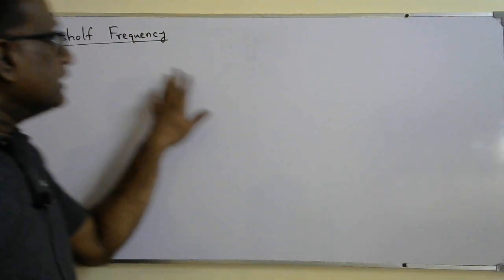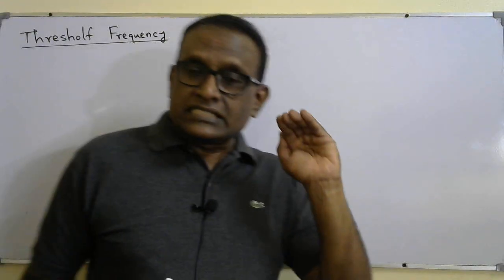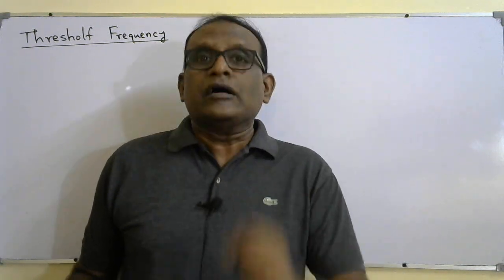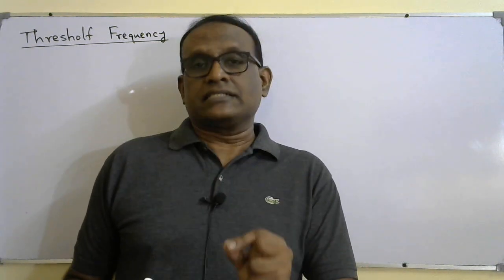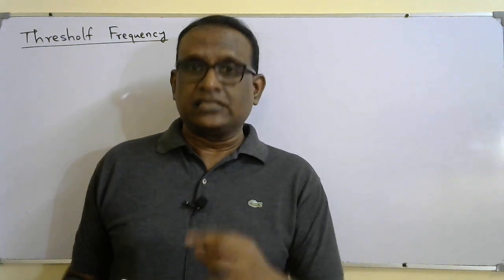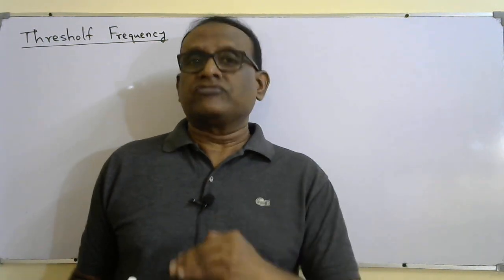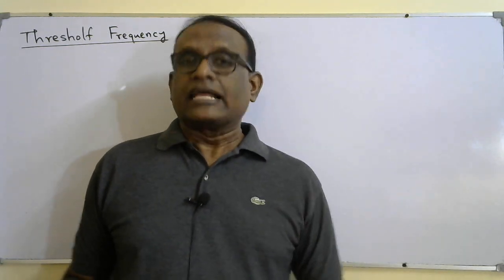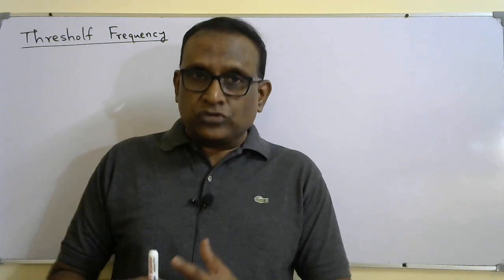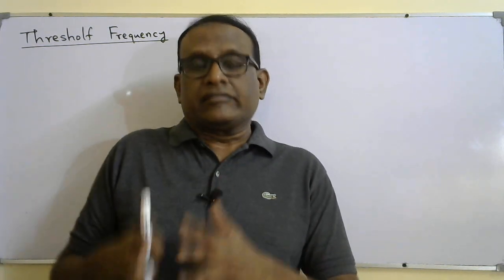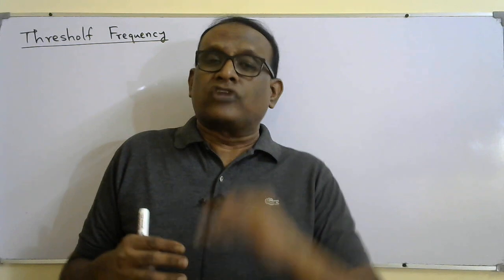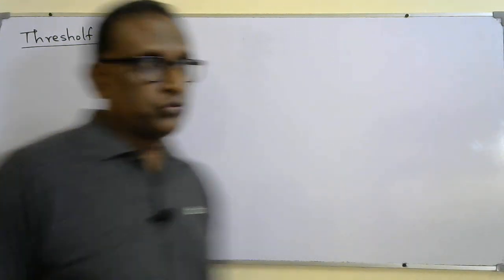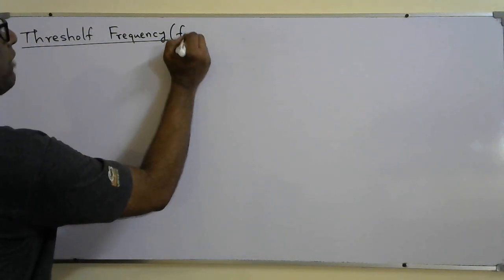So the minimum frequency of electromagnetic radiation required to remove an electron from the surface of a metal is called the threshold frequency of the metal. It is denoted by f naught.